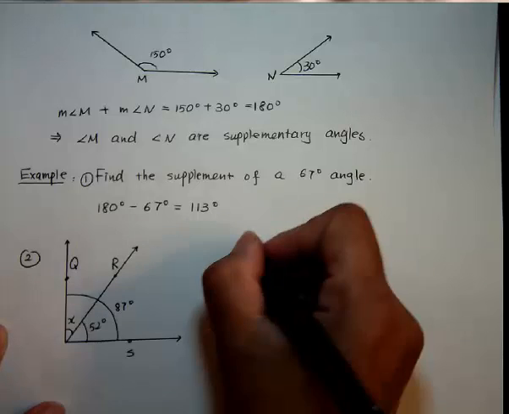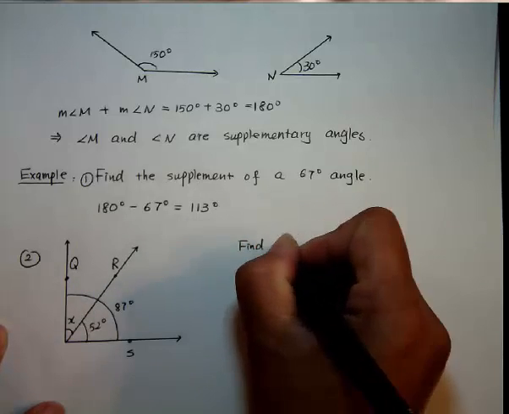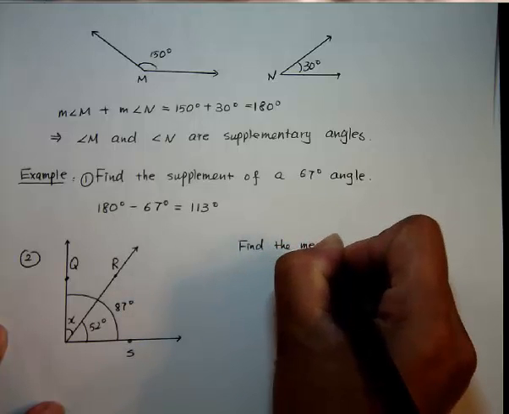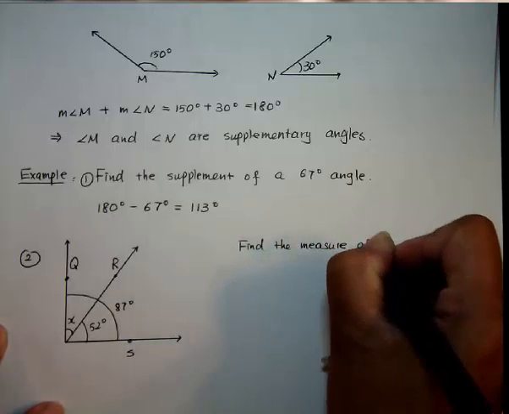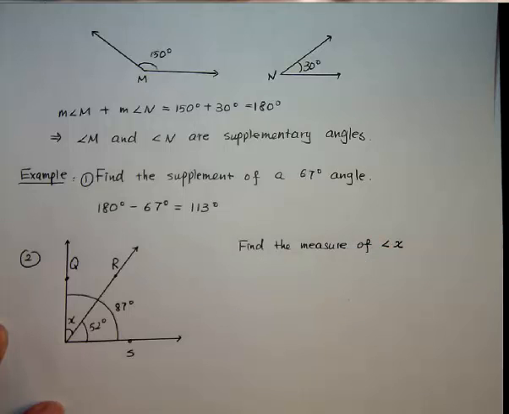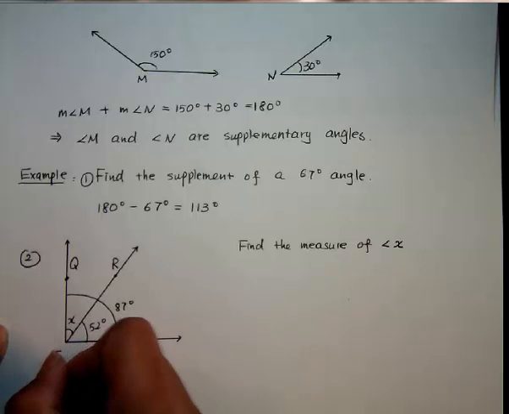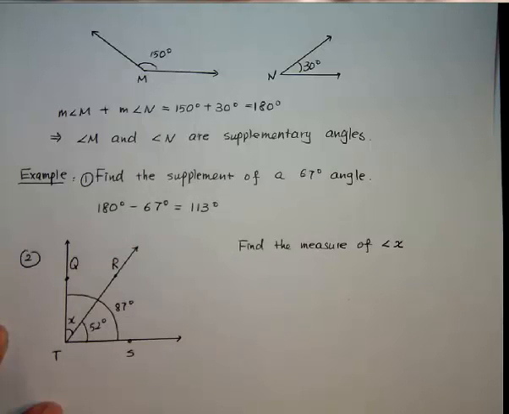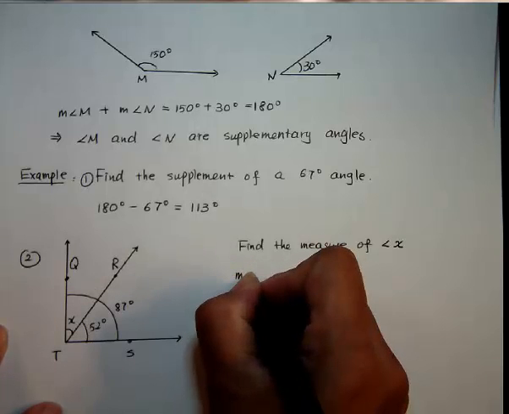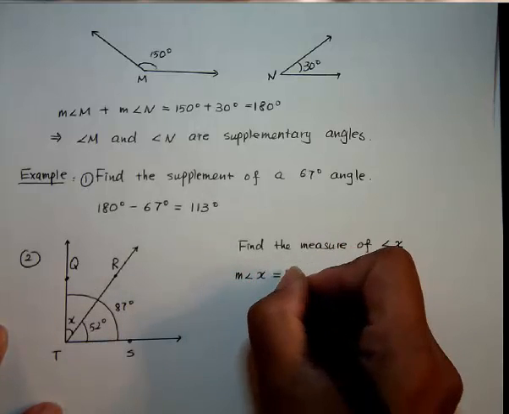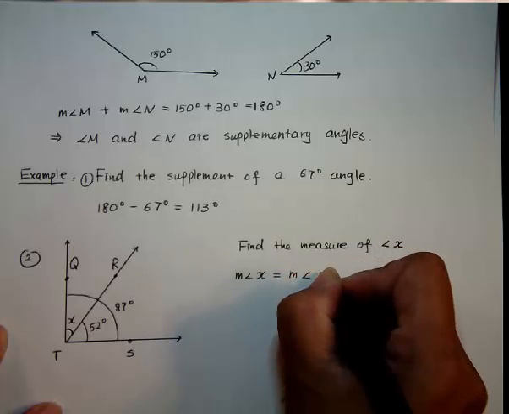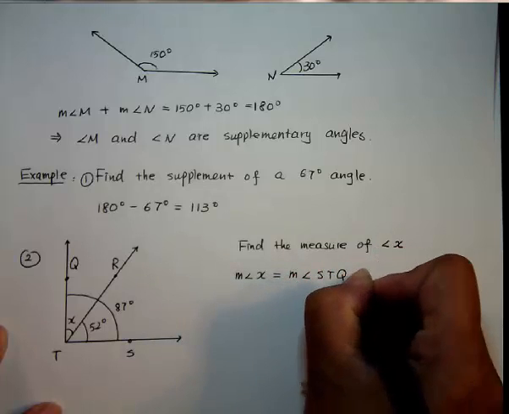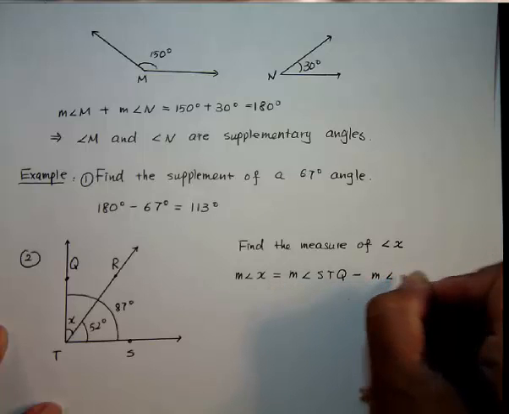We are going to find the measurement of angle S. You see angle S and angle STR form the angle STQ. So the measurement of angle S should be equal to the measurement of angle STQ, subtract the measurement of angle STR.